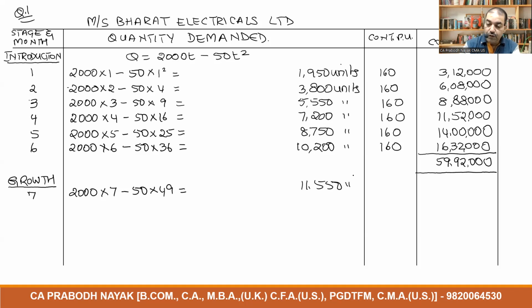Now check the contribution. Selling price has changed. 960 minus 640. So now the contribution per unit is 320. Multiply 11,550 into 320. 36,96,000. Check the calculations.